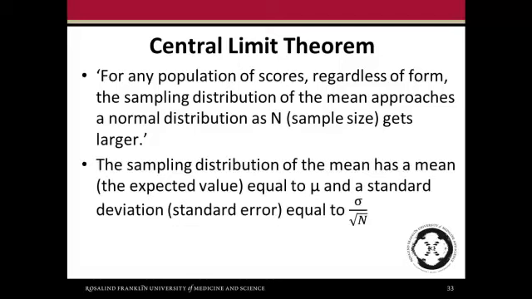And the sampling distribution of the mean has a mean itself, the expected value, equal to the population mean, mu, and a standard deviation or standard error equal to the standard deviation of the population divided by the square root of n. So again, if n gets larger, then the denominator is larger, which will make this whole thing smaller. So that would lead to a smaller standard error.